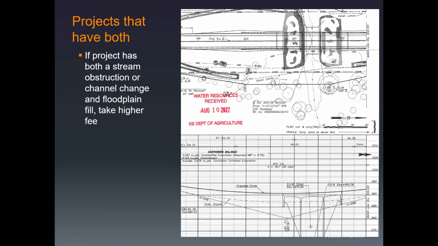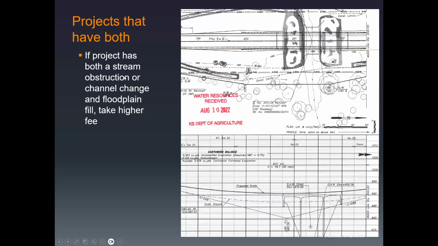So there are some projects that have both a floodplain fill and a stream obstruction or a channel change. We take the higher of the two fees. So in this case, we have a bridge. You can see that the existing ground and the proposed ground is more than a foot rise. So they're trying to make that bridge have a little bit more open area.